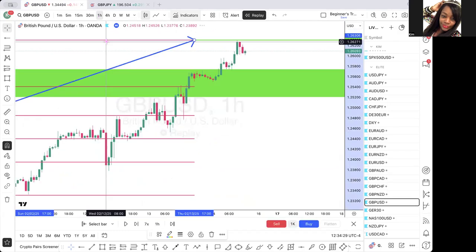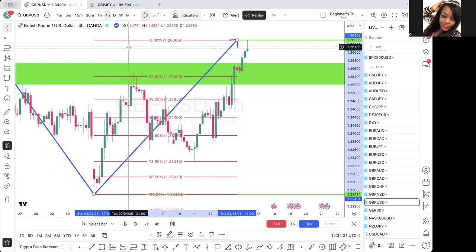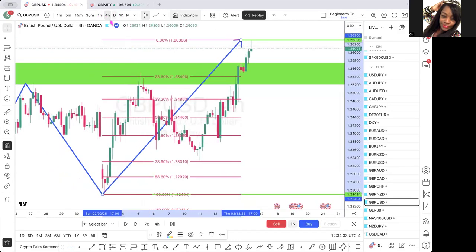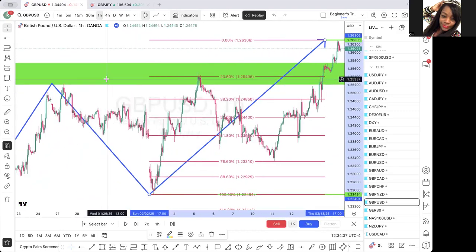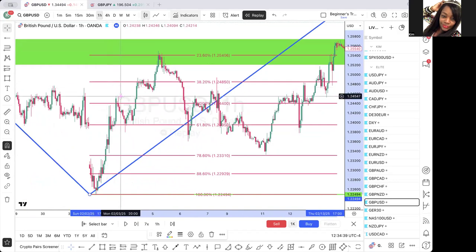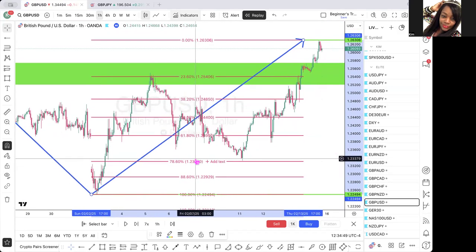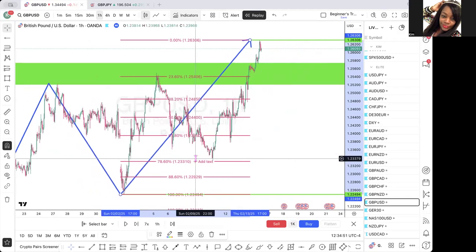So if I go down to the 1 hour, based on market structure, I don't see anything other than this demand zone here that price could come back to.